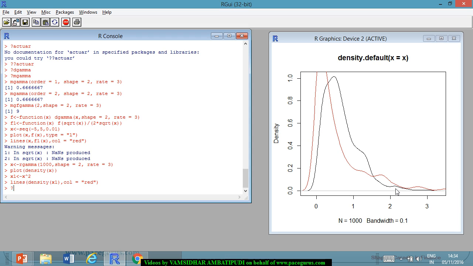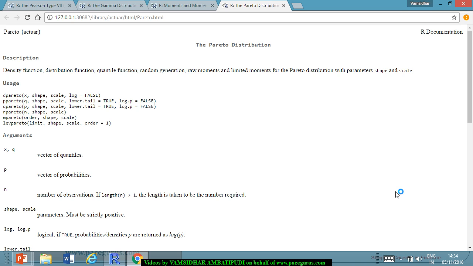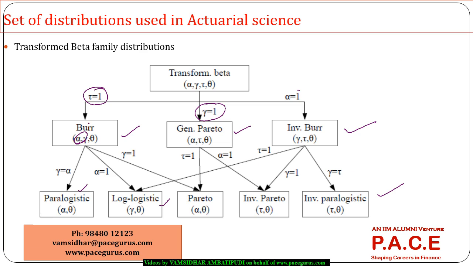Let's see, if I'm talking about Pareto, right, dpareto. So it's there as a part of the actuar package. All I need to give is the x, the shape and the scale parameters. So we have two parameters as a part of Pareto, alpha and theta.